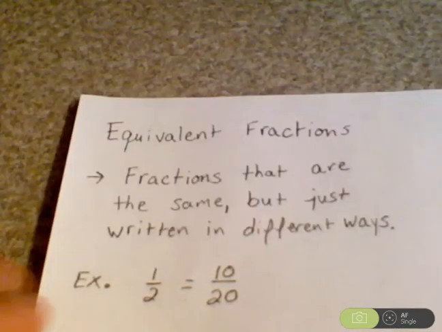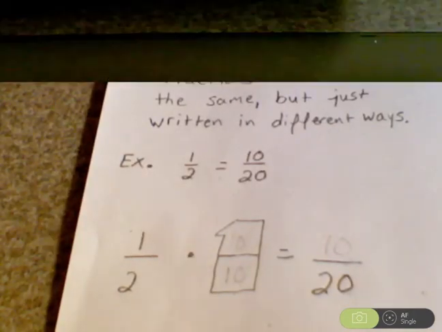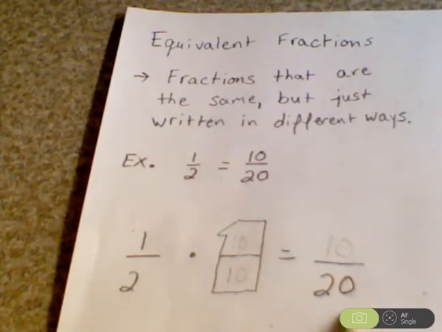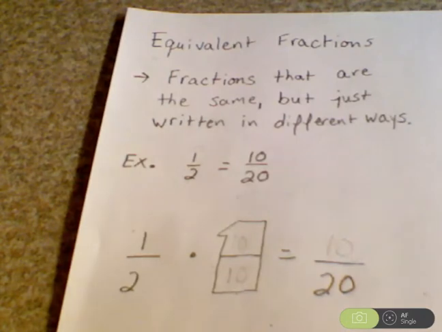Let's look at 1/2 here. Let's look at 1/2 and the 20 that we're going to put on the bottom here. Alright? And we're just finding out from this example how we get 10 over 20 and why that works.